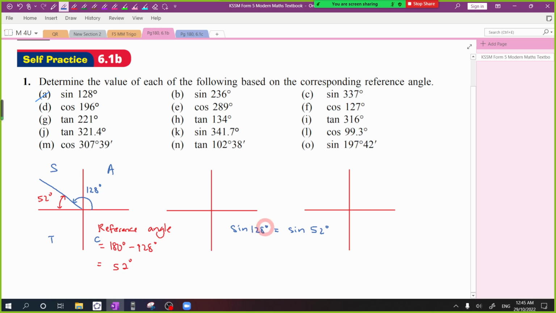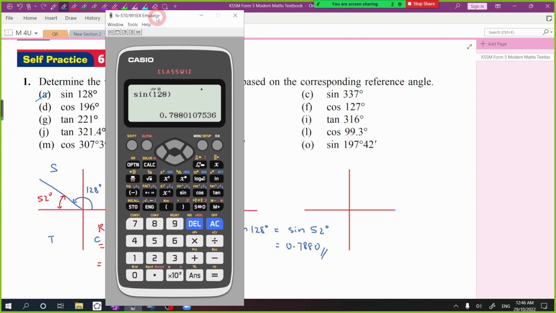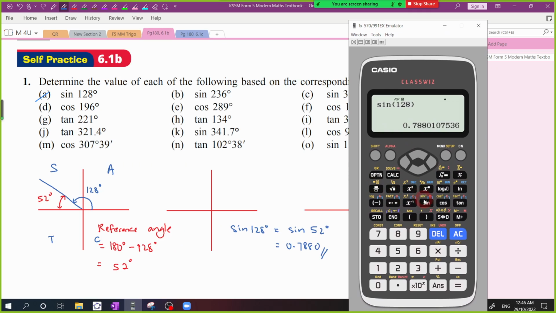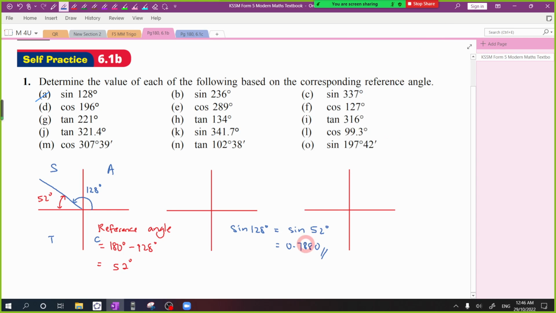Therefore, we don't have to add a negative sign here. Okay, now you just press your calculator, sine 52 degree. You should be able to get 0.7880. Okay, so this is the answer. If you want to double check whether the answer is correct or not, you can press sine 128. You get the same answer, right?